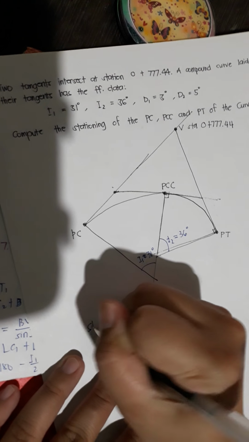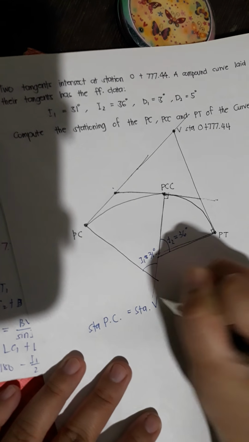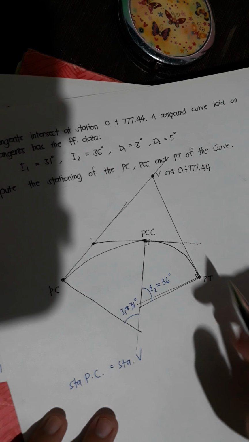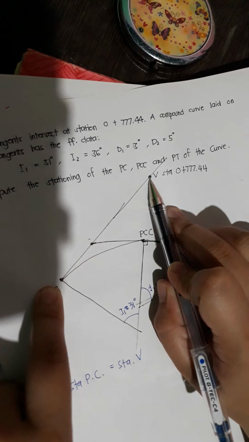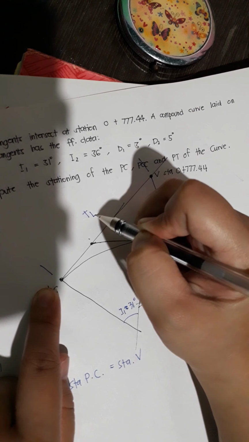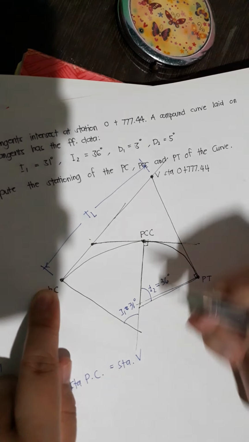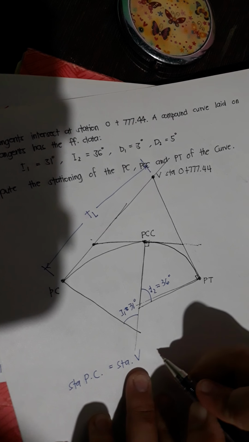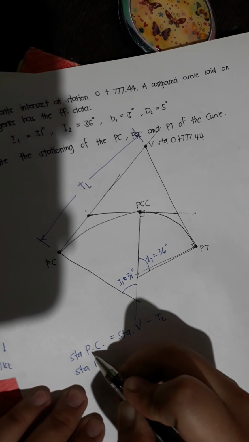Now, station PC, the same concept as with the simple curve: whatever is the station of the vertex, minus the back tangent TL. So station V minus TL is the station of PC.